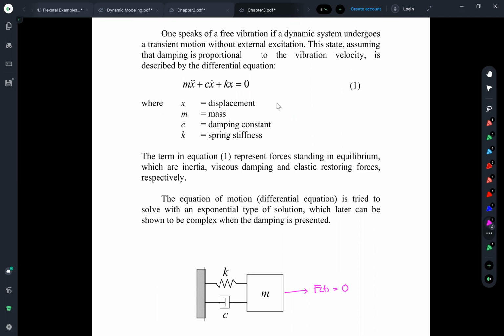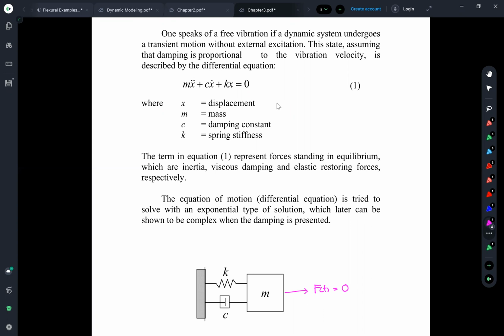The way to define the direction of each force, I think we have learned before, therefore I don't want to go into the detail again. In the shear force, the first term, M x double dot, is the inertial force. C x dot represents the damping force, and Kx represents the stiffness force, or the spring force. The three forces need to sum to 0.